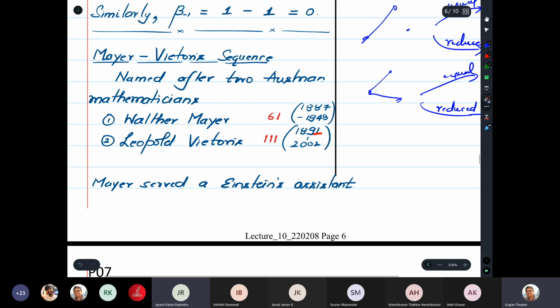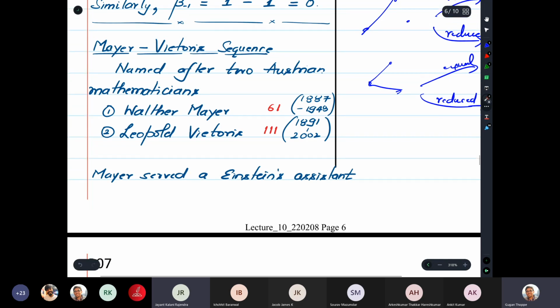Of course, recently is relative, but in 2002 at the age of 111. So there is a significant gap, but nevertheless these two people worked together, and this Mayer-Vietoris sequence is one of the most powerful tools in homology.